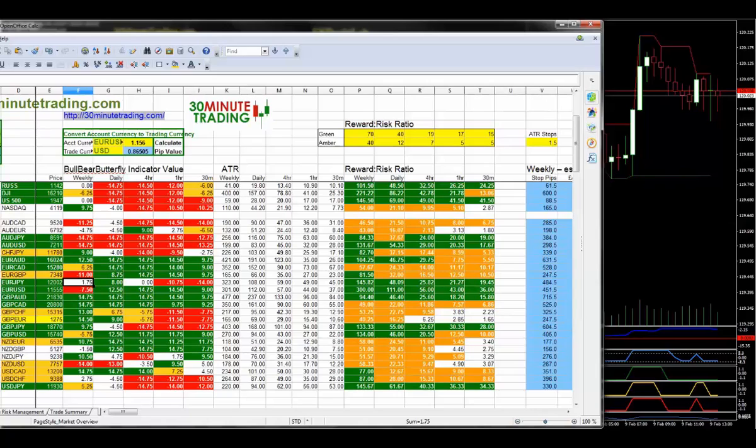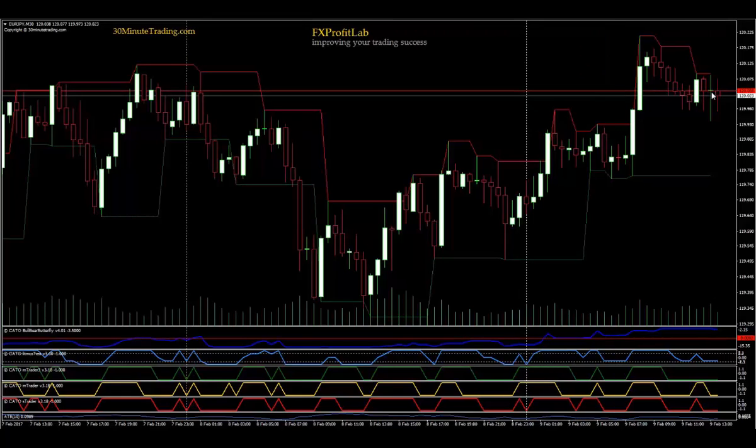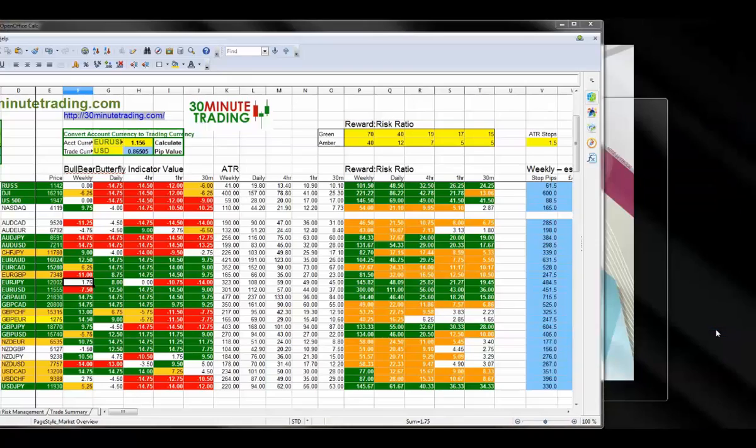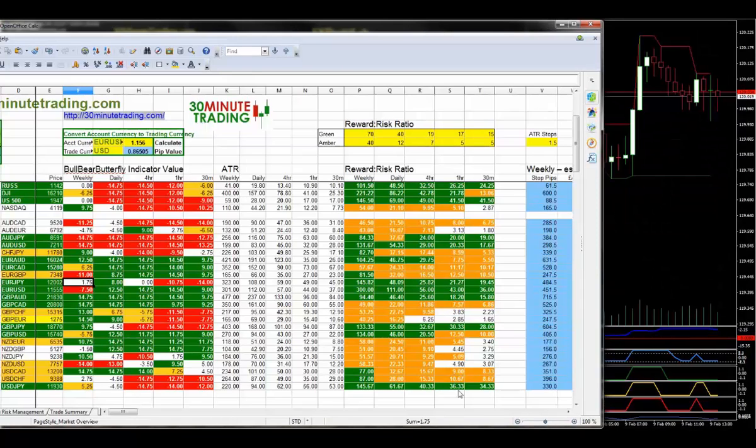So the 30-minute candle is here, and we can see the value we've got for the bull bear butterfly is down here. It's reading minus 3. So all I do now is put in minus 3 into there. Now I'm going to come through and do the same for every timeframe.